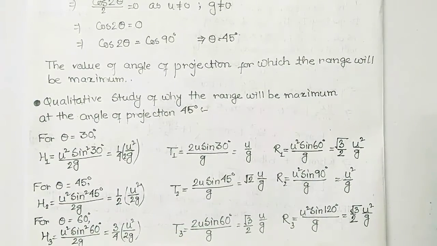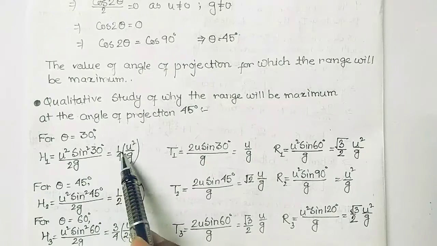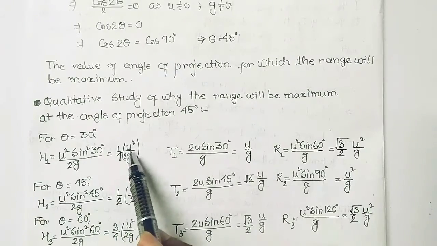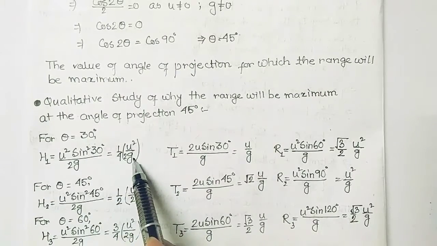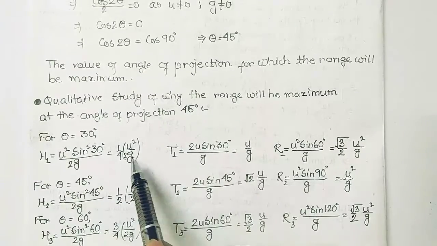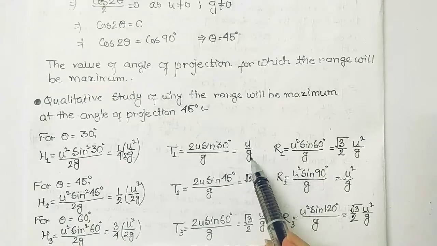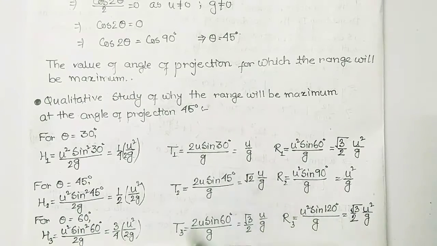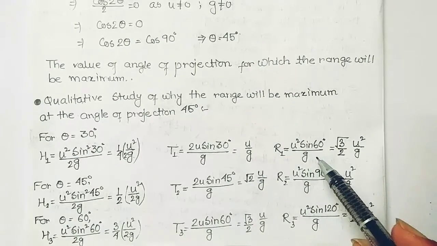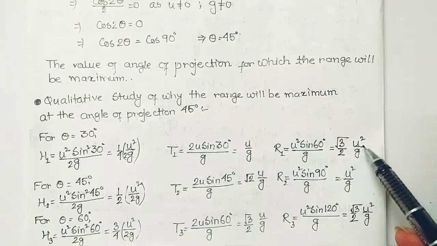For theta equal to 30 degree, h1, the maximum height, is 1 by 4 of u square by 2g. If I put the value of sine 30 degree, t1 equal to u divided by g. If I put the value of sine 60 degree in the equation of range, it will be root 3 by 2 u square by g.